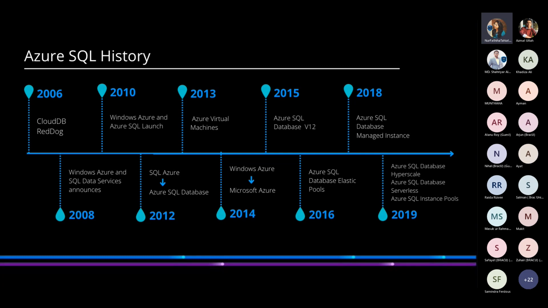That means it would not disclose the whole process of how things get done on the cloud. After that, in 2016, Azure SQL Database Elastic Pools was launched.